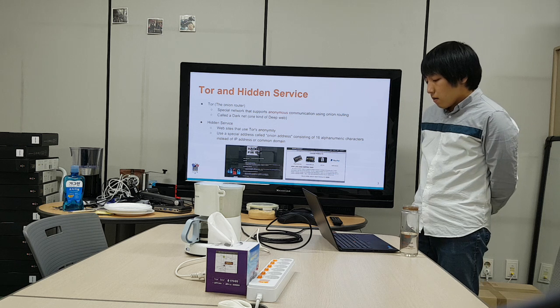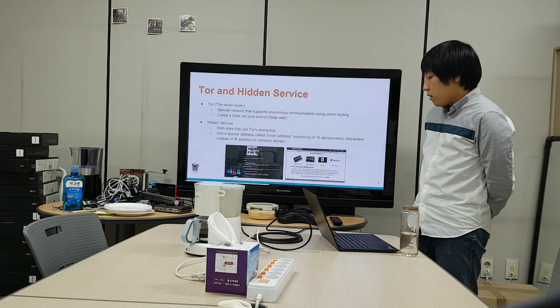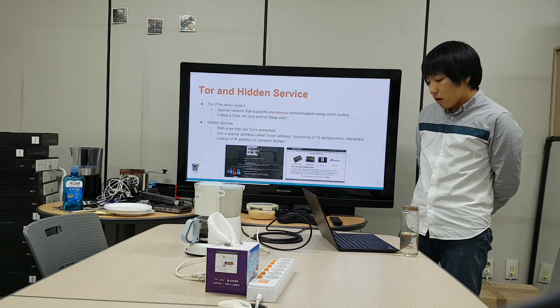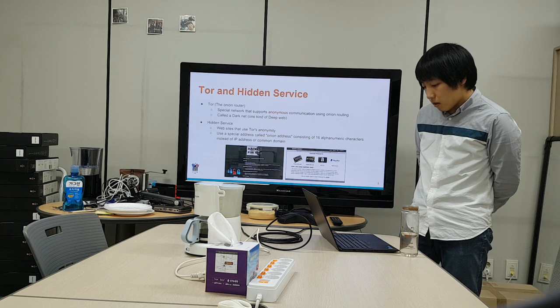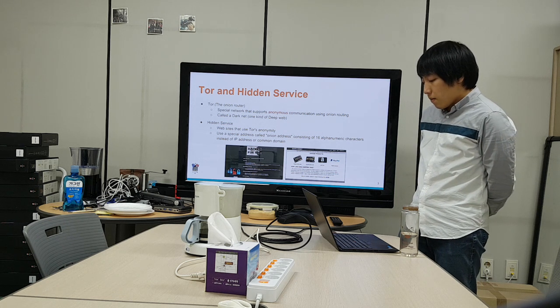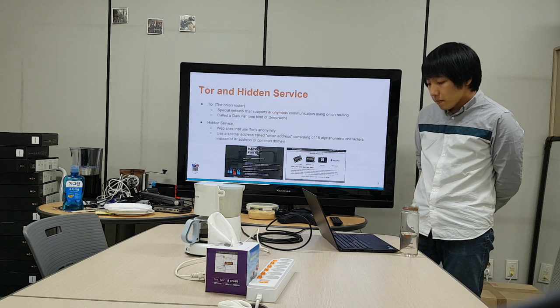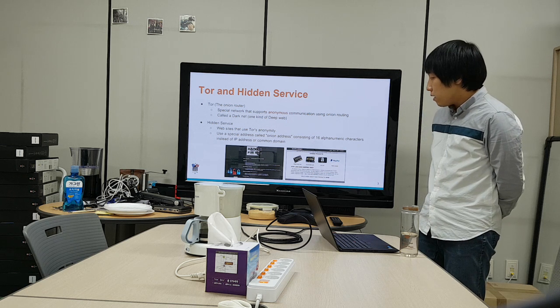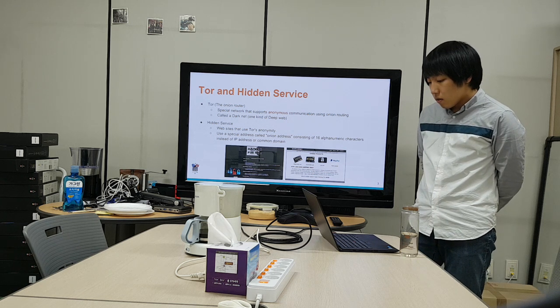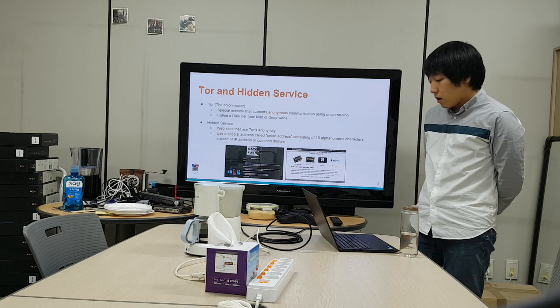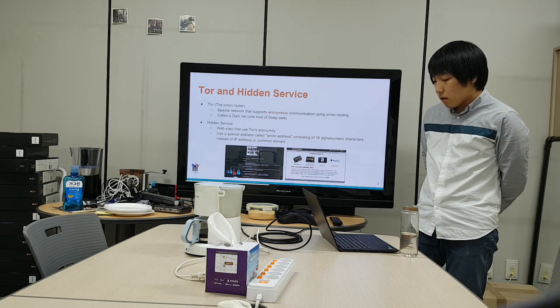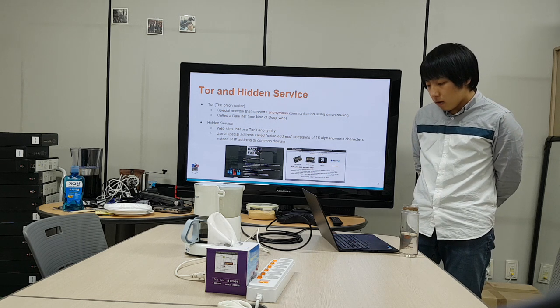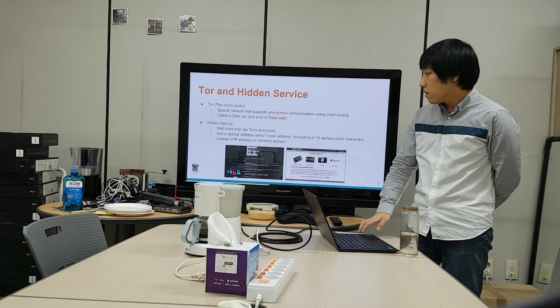They use a special address called an onion address rather than an IP address or domain name. There are many illegal contents such as hacking, black market, and child pornography that exploit the anonymity of hidden service.